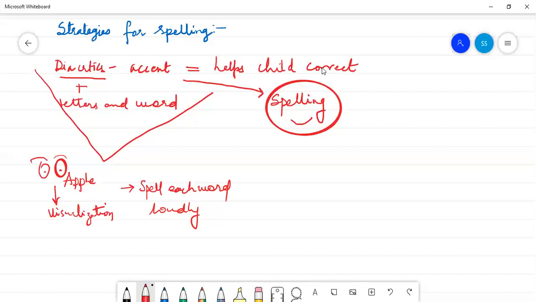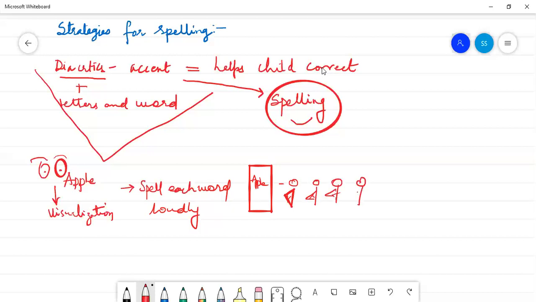Then you can create a board like this where you write apple. You can ask the child to look. Once the child looks, you increase the distance. That means you make the child read several times again and again from a distance. If the child is standing here, make the child move a little far.